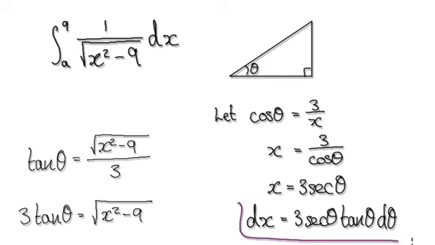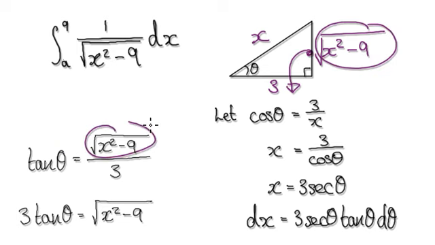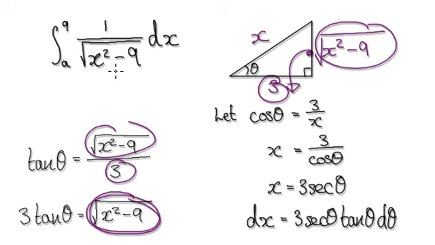So dx equals this thing here, and then looking at the diagram, remember we made this to be 3, this to be x, and this had no choice but to be this. So tan of the angle would be this thing divided by 3. Rearrange it, and this thing here is what we were after all along.